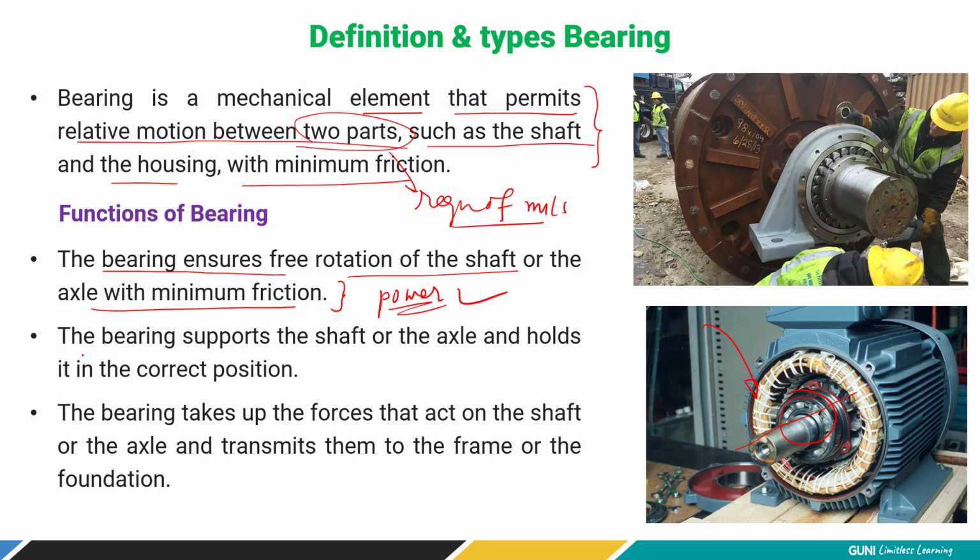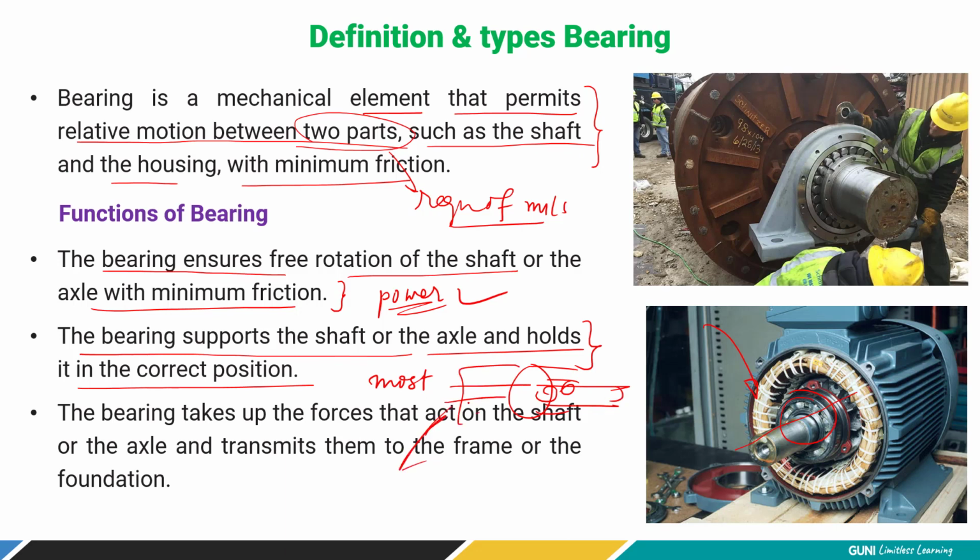Now the second function is that the bearing supports the shaft and axle and holds them in the correct position. This is most important. If we consider the lathe machines, right? Let's say we have a chuck over here, okay? We are giving some round bar, and then there is a spindle and there is an electric motor, right? If the spindle is not properly supported on the bearings, now here the spindle itself needs to be aligned, right?